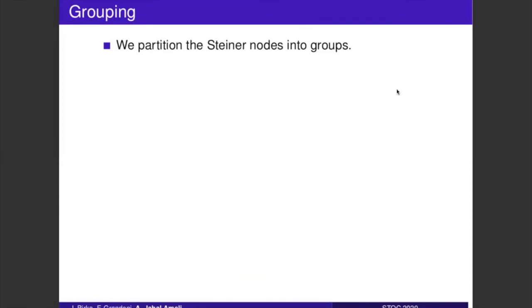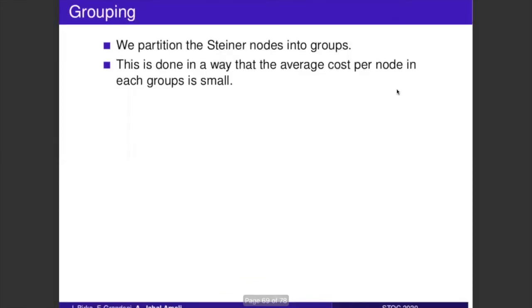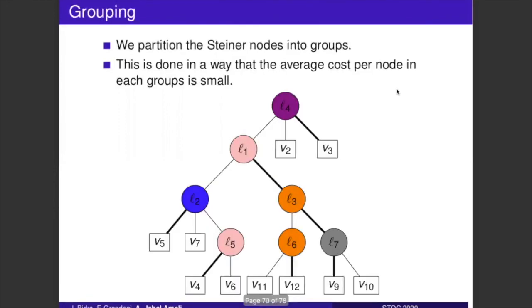We partition the Steiner nodes into groups. This is done in a way that the average cost per node in each group is small. So consider this example here. The nodes which have the same color belong to the same group. The intuition of how it is possible to do that such that the average cost per node in each group is small is as follows.